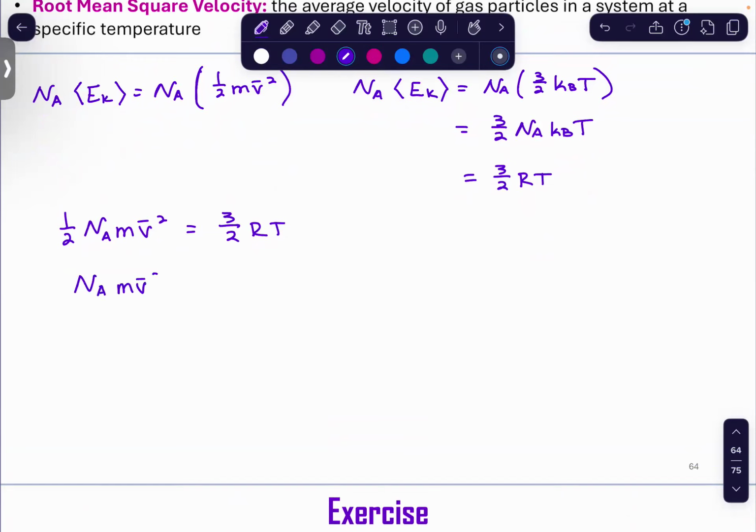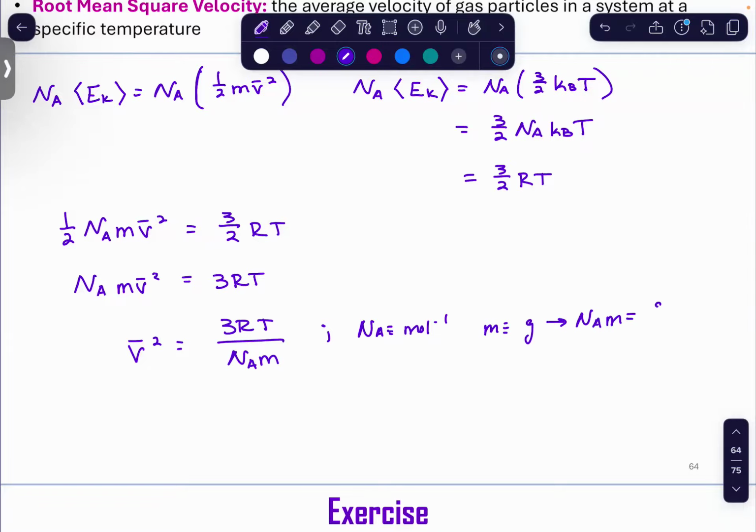And NA m v squared equals 3RT. v squared, or average velocity squared, is 3RT over NA times m. Now, what is that? Okay, so NA, remember, has units of moles to the -1. m has units of grams. So NA times m has units of grams per mole. That's our molar mass.